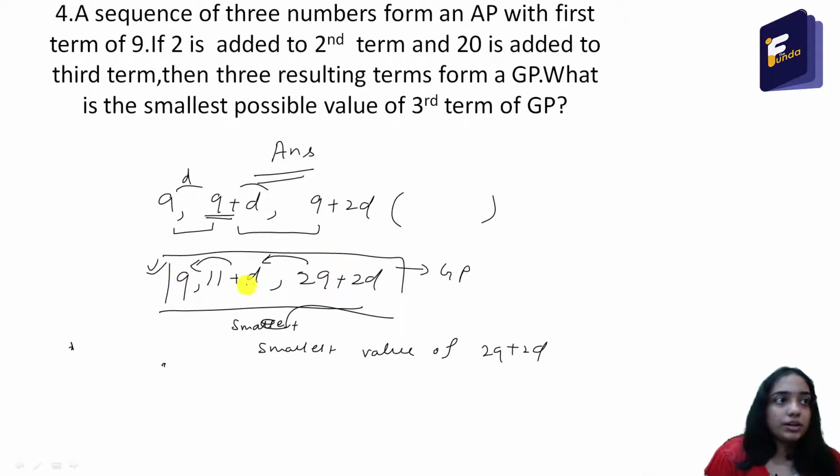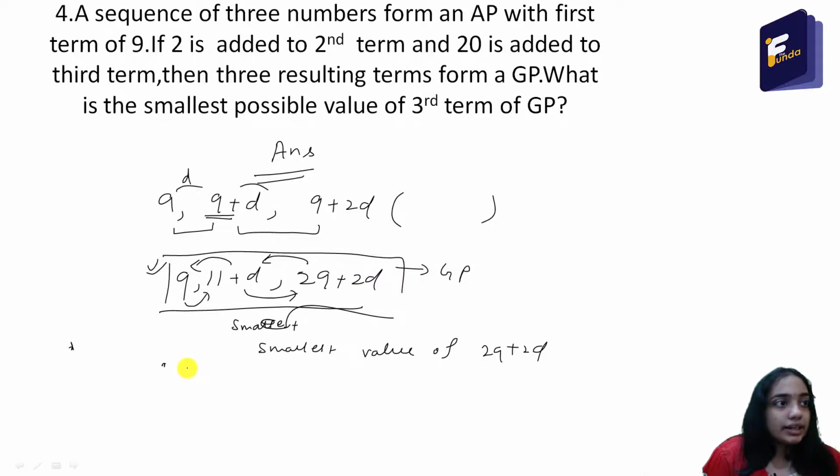In a GP, by multiplying a fixed number to this, we are getting this number. So the ratio of these two numbers, and also by multiplying a fixed number to this, we are getting this number. So the ratio of these two numbers, these ratios are equal. From the definition we already know that.